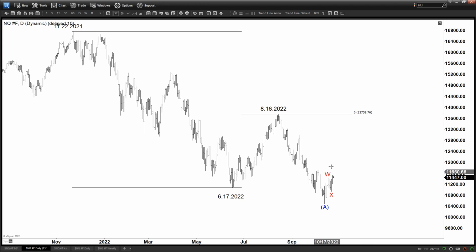Now there's another possibility, that this 3 swings rally could be only ending the W here, and you get a pullback like this and do a bigger 3 swings rally, which doesn't really change the main idea. If we do a bigger 3 swings rally like this, it's still the same idea.